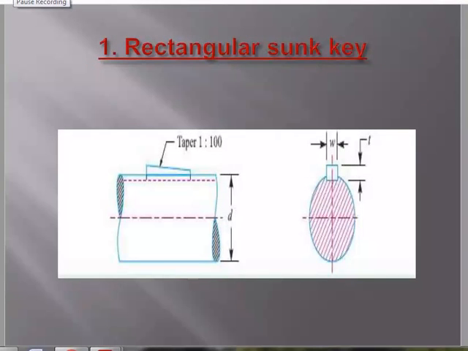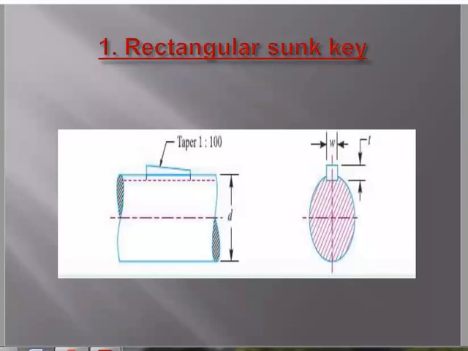A rectangular sunk key is also known as taper sunk key. Taper sunk keys are of rectangular or square cross section, uniform width with their bottom surface straight and upper surface tapered. It is sunk in the shaft to a depth of 1/2 its nominal thickness and the remaining portion fits into the keyway of the mating part.